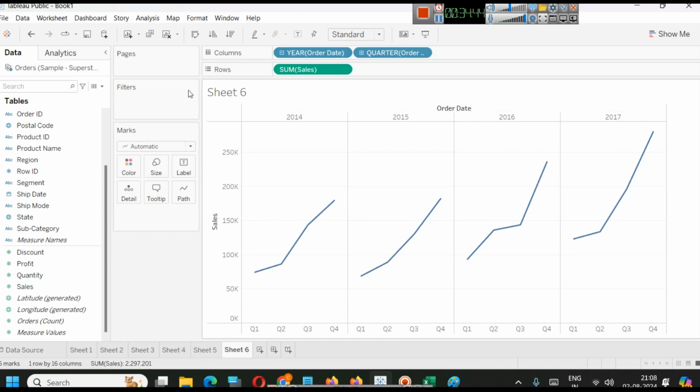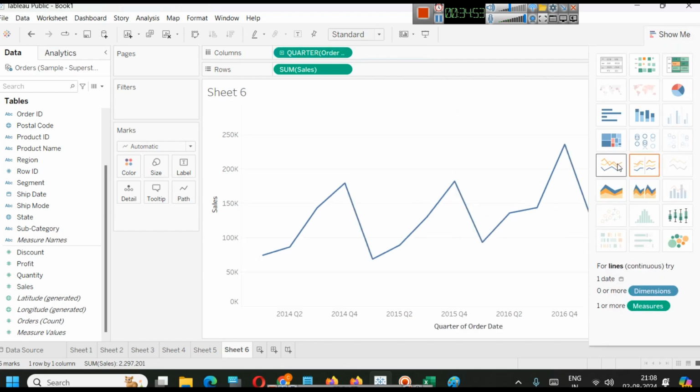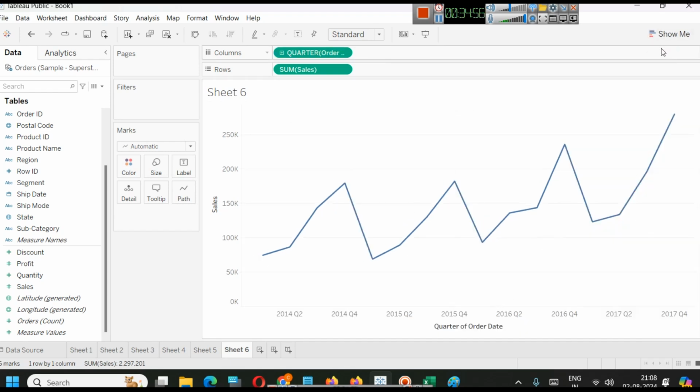But this will be like 2014, four different quarters, 2015, four different quarters. So this is how it is divided.